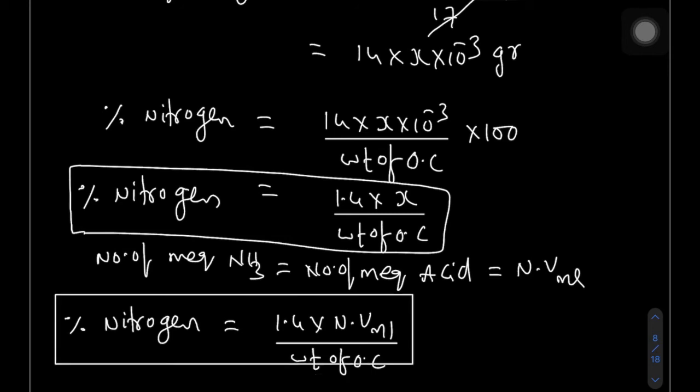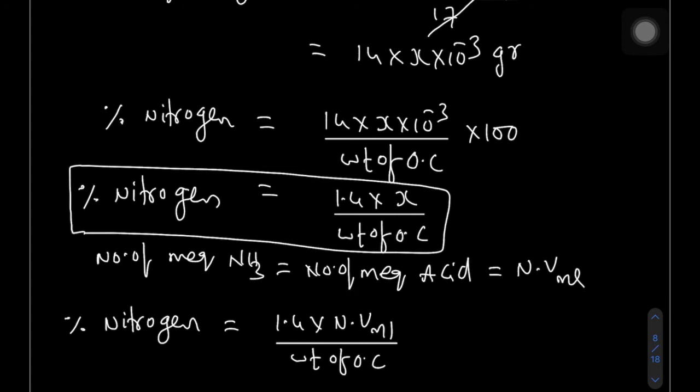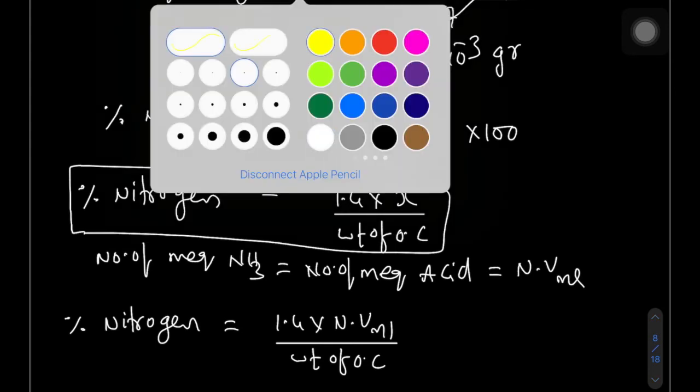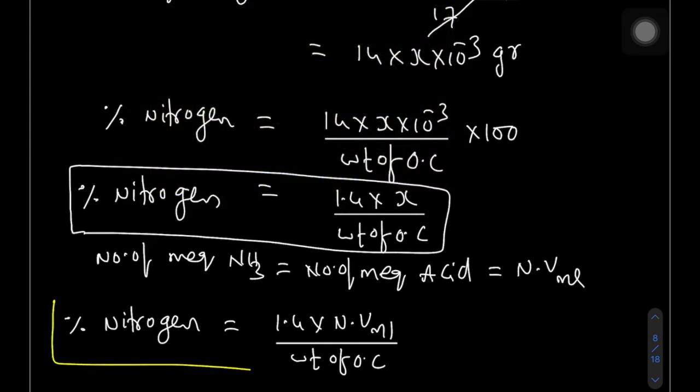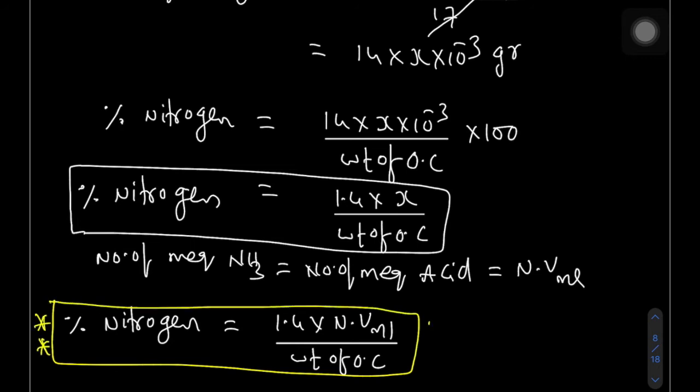Remember, we only have to know this formula. Once we know this formula, it will be very easy to calculate. Otherwise we have to solve the total problem. So this is the direct formula we can apply in the Kjeldahl method.